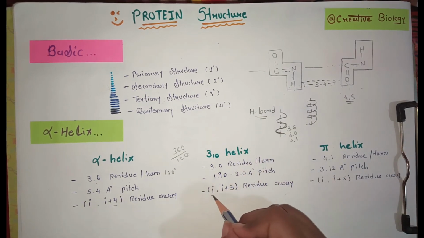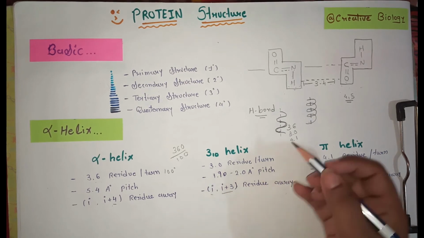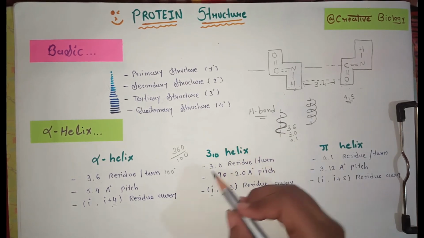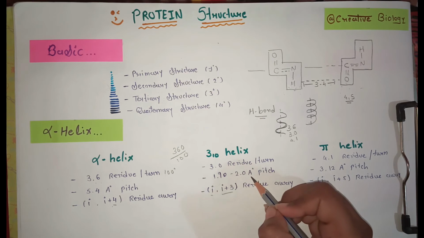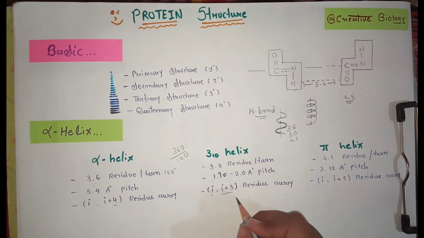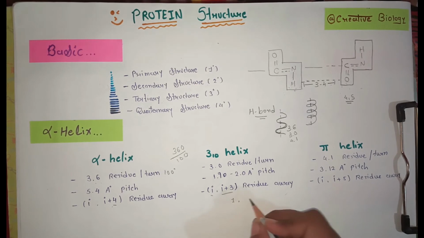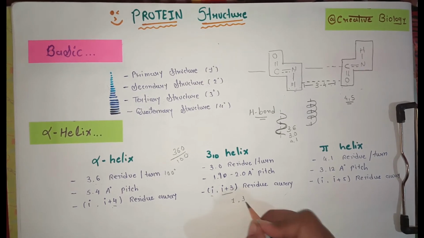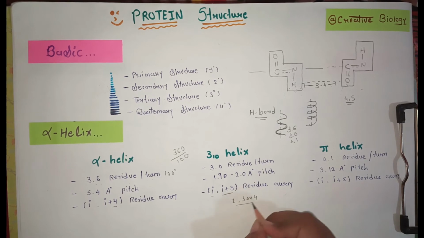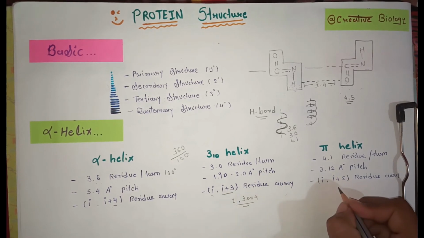Now what is I plus 3? That is the 3-10 helix, where the hydrogen bond forms between the first amino acid and the 3rd or 4th amino acid. Now what is the pi helix?